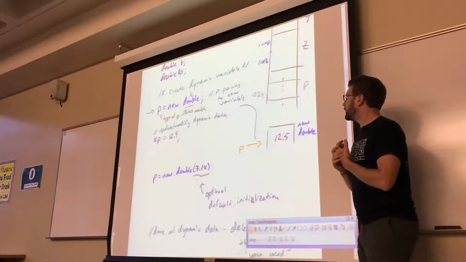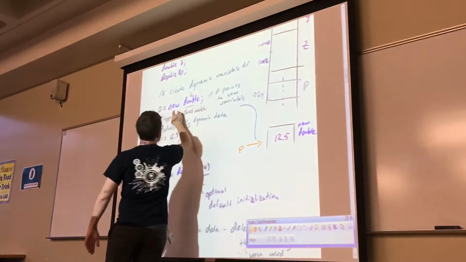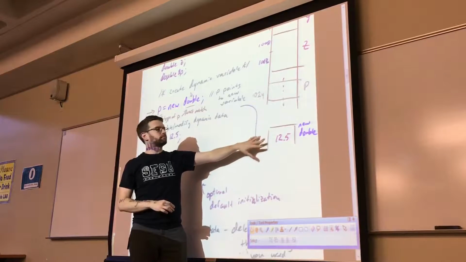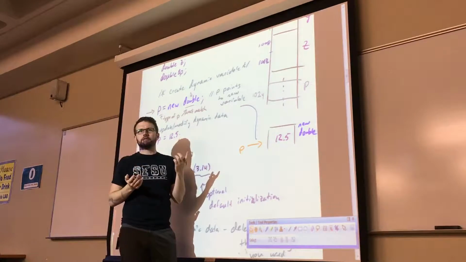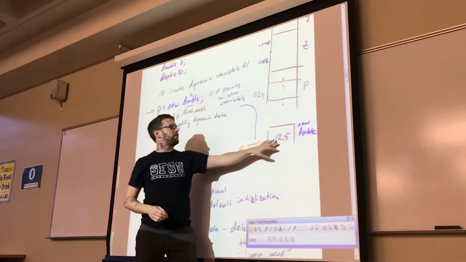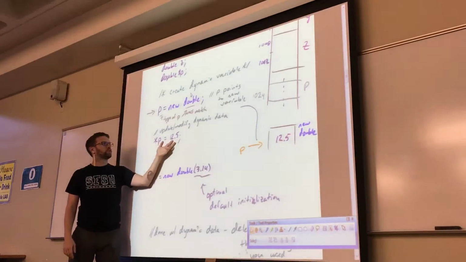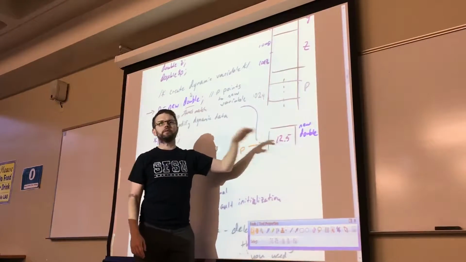Okay? So P now points to this nameless memory that's going to live somewhere. Wherever it lives, we don't really care very much most of the time. We just care that it's there. And so now when we do something like star P equals 12.5, we can actually store something into this memory.